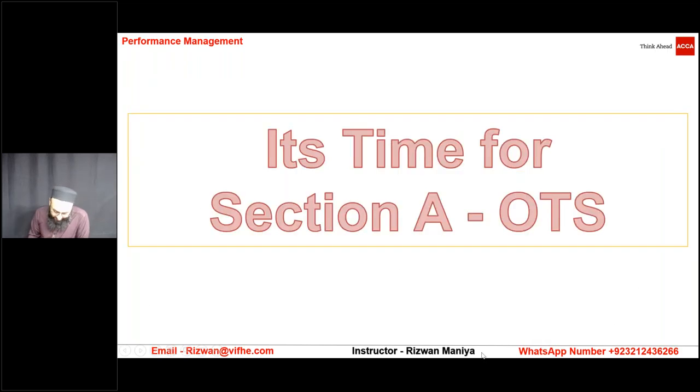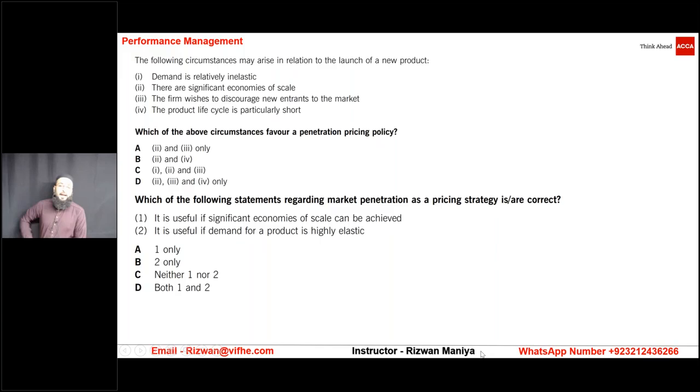Okay, certain answers I'm sharing with you that I gave you for homework. The following circumstances may arise in relation to the launch of a new product: demand is relatively inelastic; there are significant economies of scale; the firm wishes to discourage new entrants to the market; the product life cycle is particularly short.